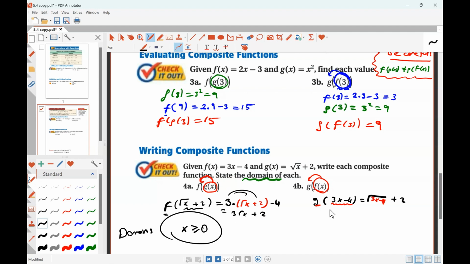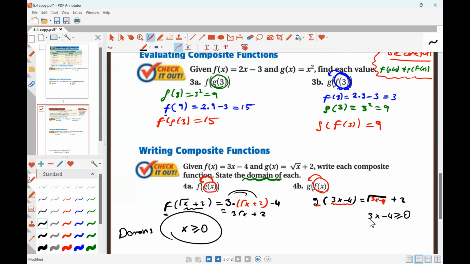What about part B? Look at the result. In the result, we have square root of 3x minus 4. So there is a restriction here. Numbers under a radical can't be negative. We just set the stuff under the radical as greater than or equal to 0. This is the domain of the result. What about the domain of the inside function? We have f of x as the inside function. That's a polynomial function. There is no restriction, all real numbers.